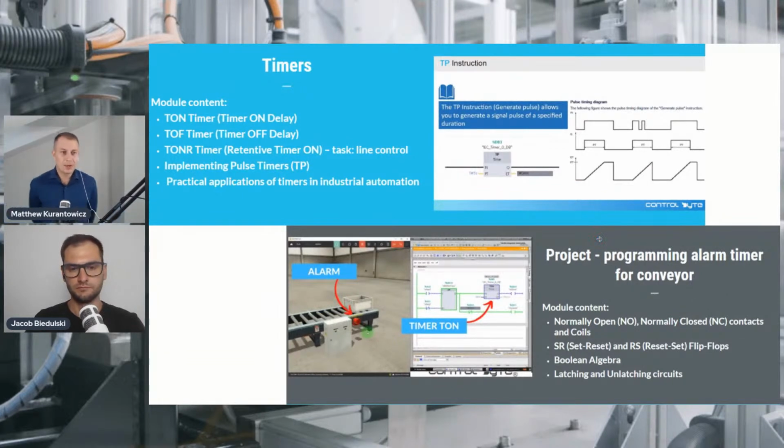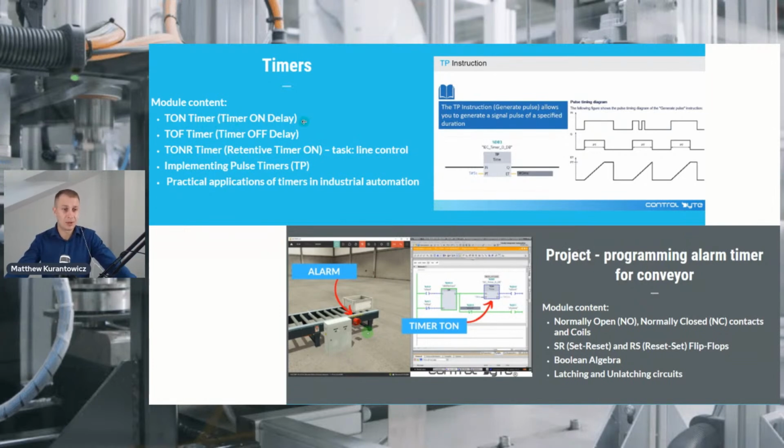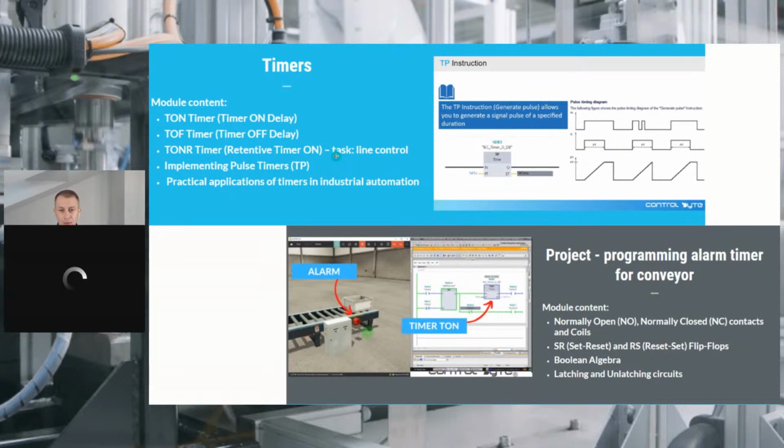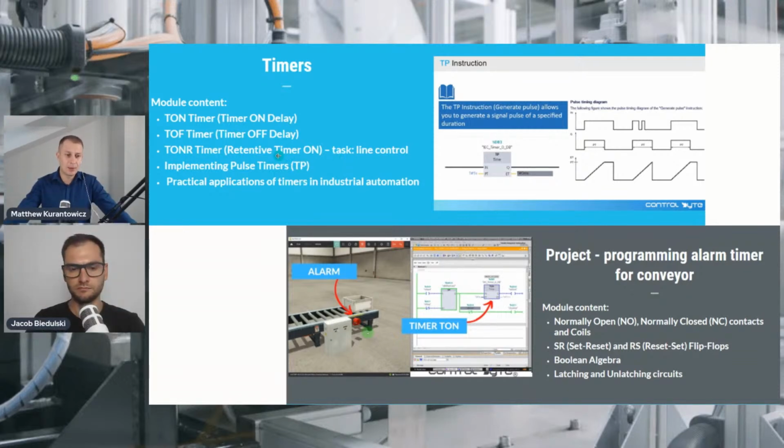The standard library is really important because you have a lot of function blocks there, like timers. You have different types of timers. You will learn about timer on delay, timer off delay, timer accumulator, and pulse timer, like TP. It is necessary to create applications for industrial machines.